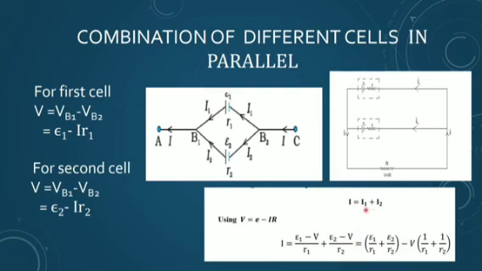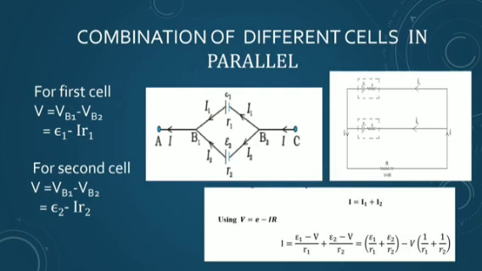By putting the values of I1 and I2, I can get the value of I, which comes out to be epsilon 1 upon R1 plus epsilon 2 upon R2 minus V into 1 upon R1 plus 1 upon R2. Now if I compare it with my equivalent equation, that is epsilon equivalent upon R equivalent minus V upon R equivalent.